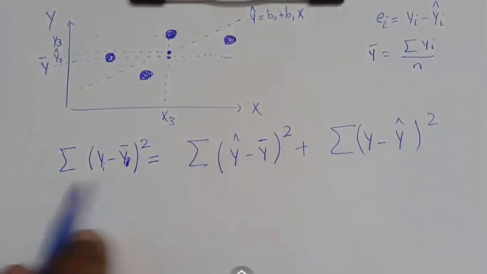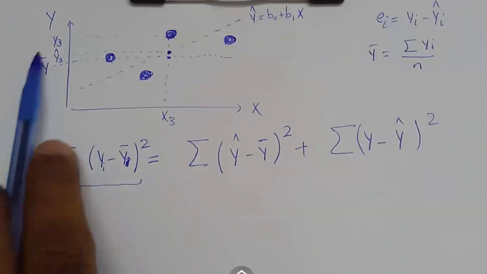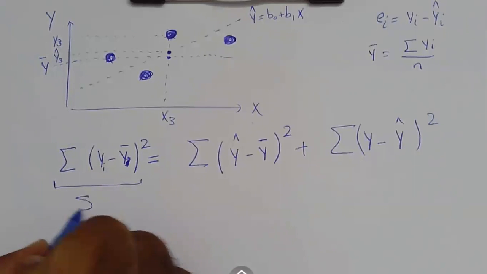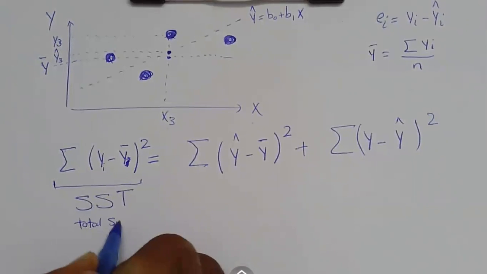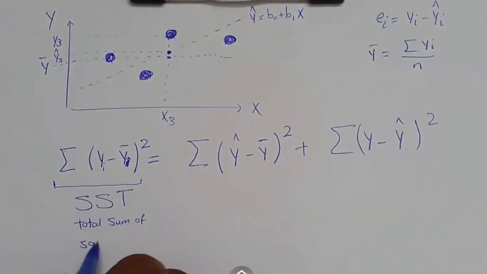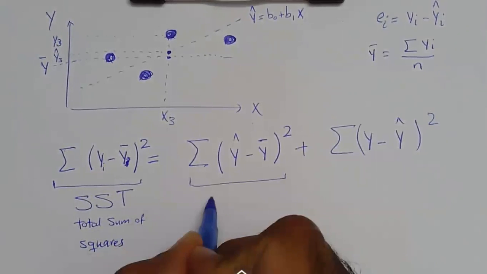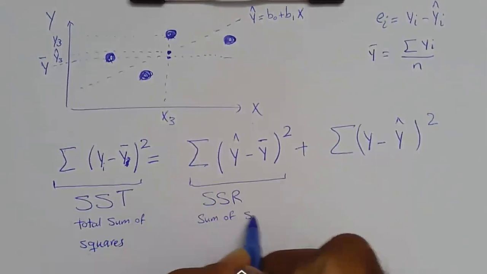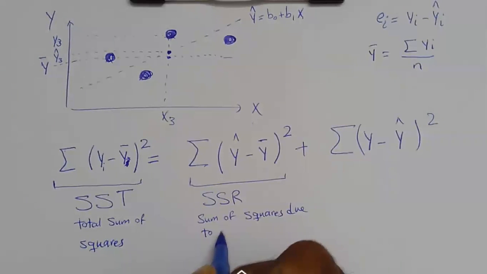So this thing measures the total variation in y, which we also call SST, total sum of squares. And then this is called SSR, sum of squares due to regression.